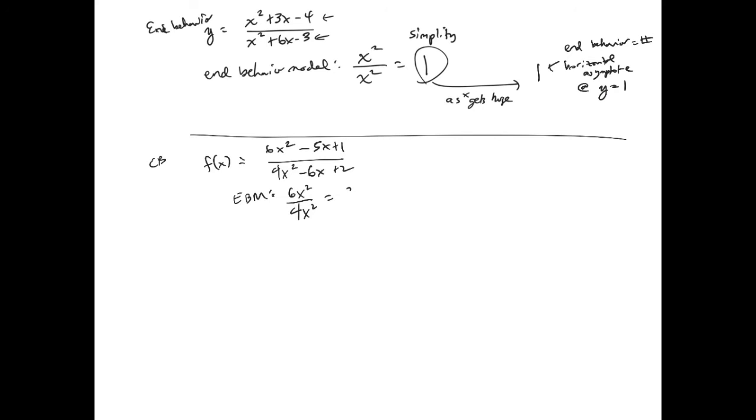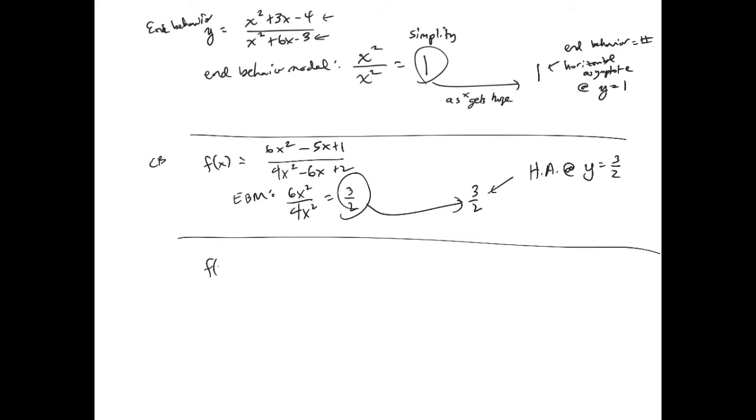Simplify the fraction. Ask yourself what happens as x gets huge. Well, that's a number, so it stays at 3/2. And you got a number, so there's a horizontal asymptote at y equals 3/2.